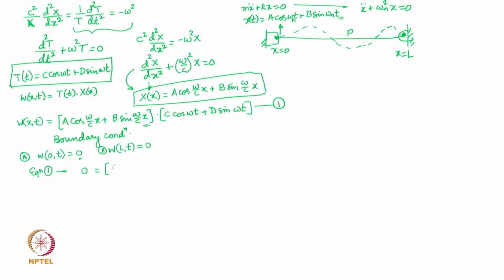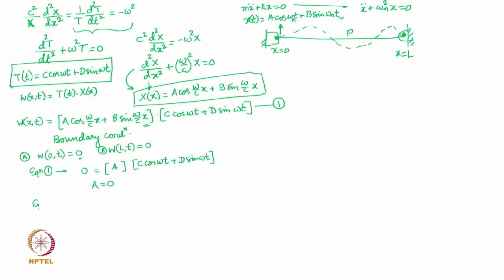So you are left with A in the first term here, and the second term remains as it is. So it's a harmonic time function, C cos omega t and D sin omega t. That's the second term that remains as it is. Now if this is equal to 0 at all times, then A has to be 0, right? So the first constant is obtained equal to 0.